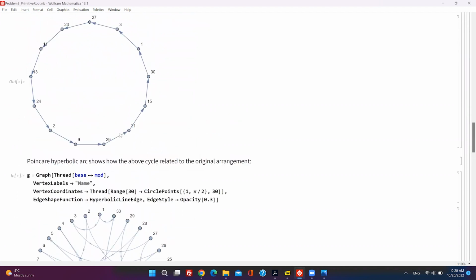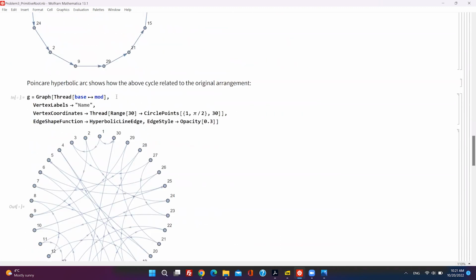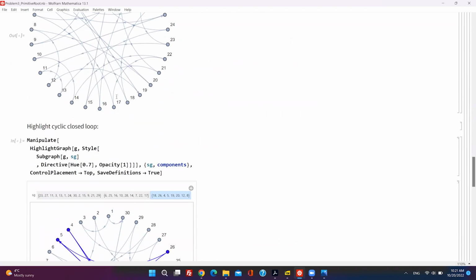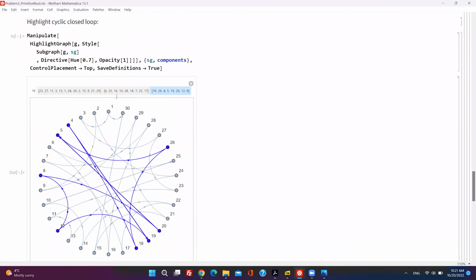You can also change the root, this base, because we have a bunch of friends here. So you can just change it to 11, 12, 13, 17, and play around. You can take a look at it. At least it's visually pleasing, to see the type of graph associated with permutation based on the primitive roots.